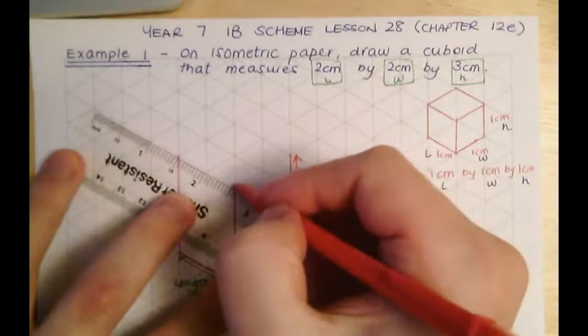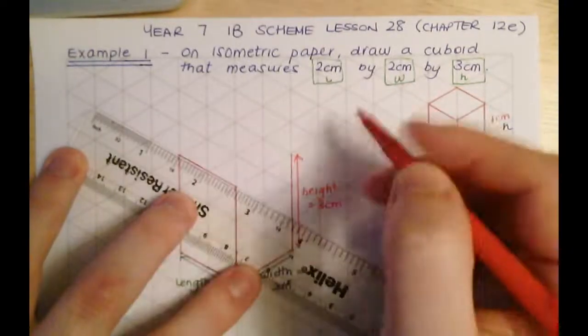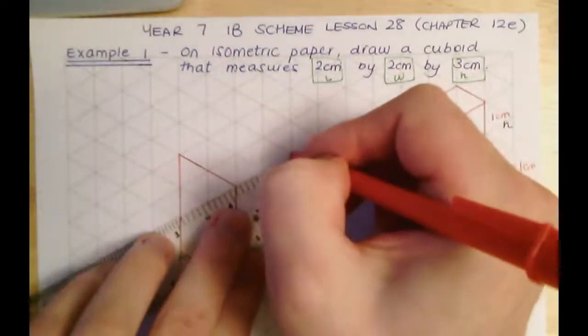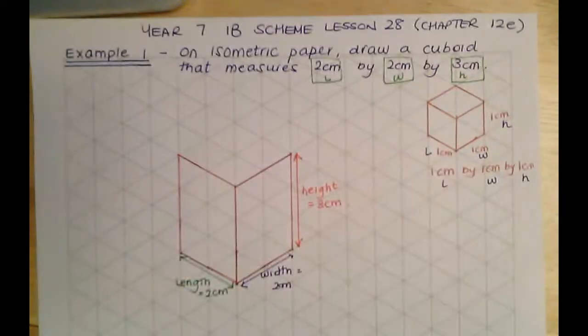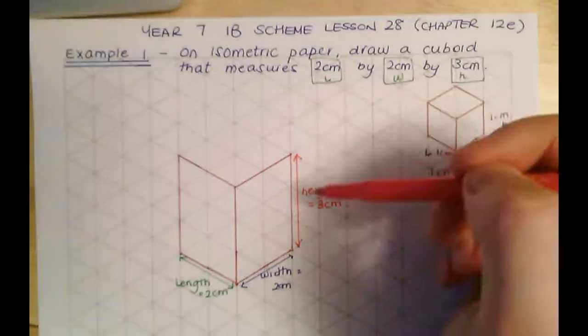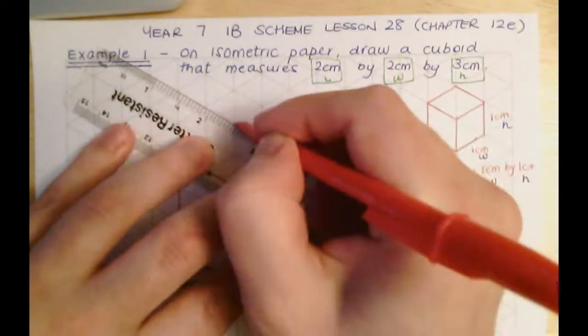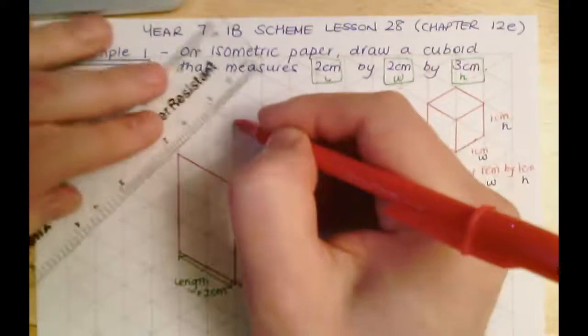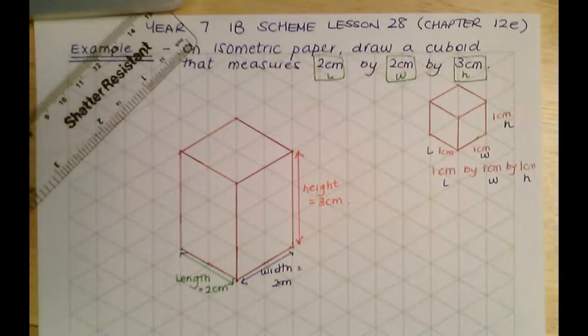Now the next thing I need to do is draw the top bit. This line here and this line here can join together. This line here and this line here can also join together. But at the minute, it doesn't look like a cuboid. The last thing we need to do is make it look like a cuboid, like that.